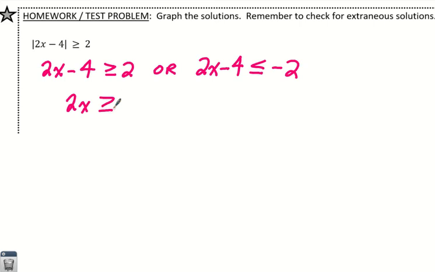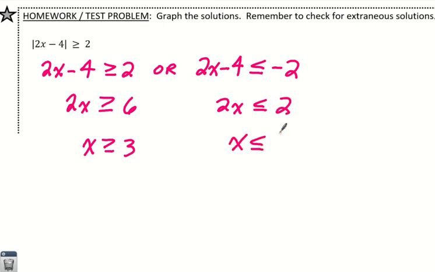So 2x equals 6. This is greater than or equal to 3. 2x is less than or equal to 2. X is less than or equal to 1. I mean, we can at least include the final graph here. And the fact that the word is an OR usually tells the story of the graph.